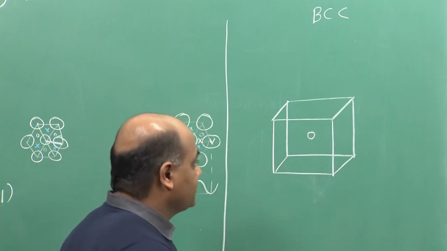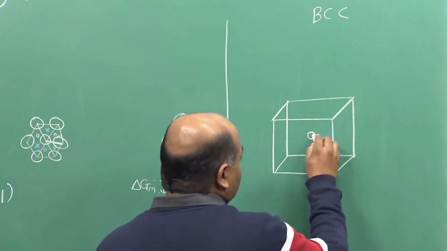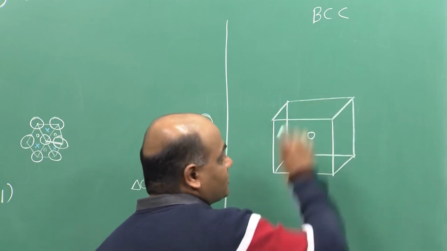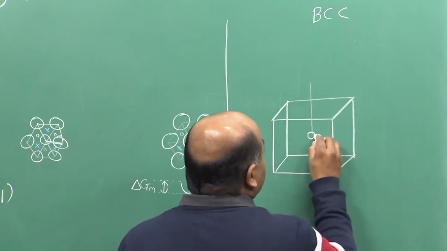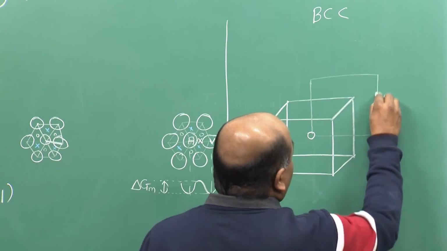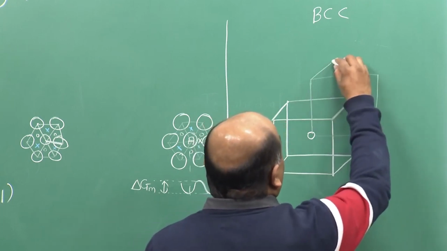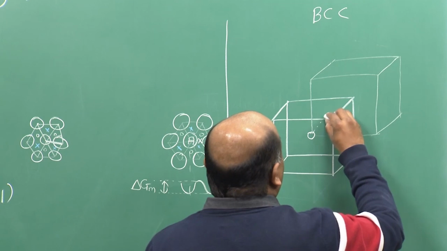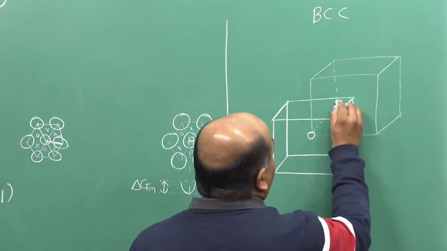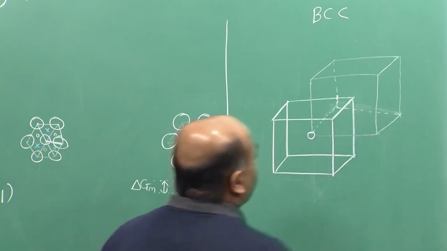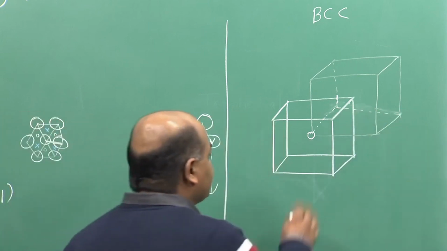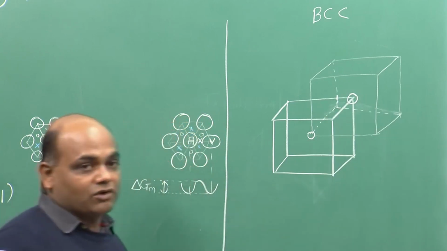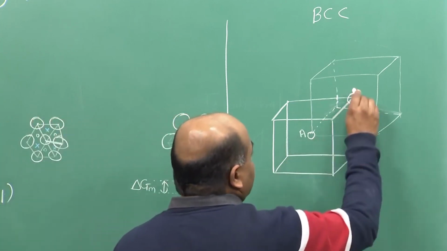This is the first unit cell, and the second one drawn with the body center of this unit cell being one of the corners of the other. So, if this body center atom has to jump onto one of its nearest neighbors, let us say the one on this corner, this is atom A, let us say there is a vacancy here.